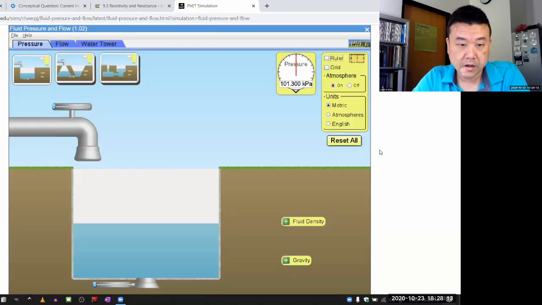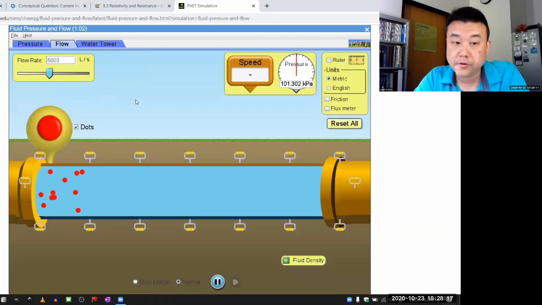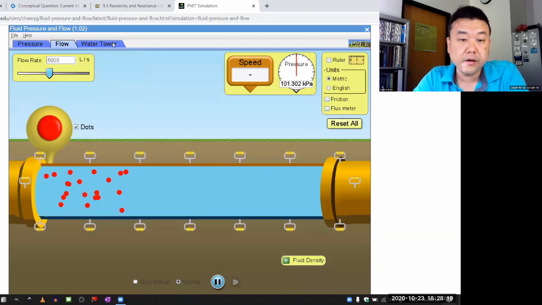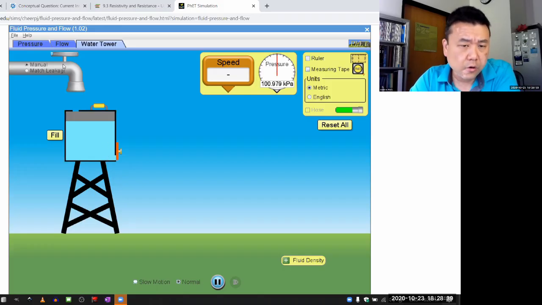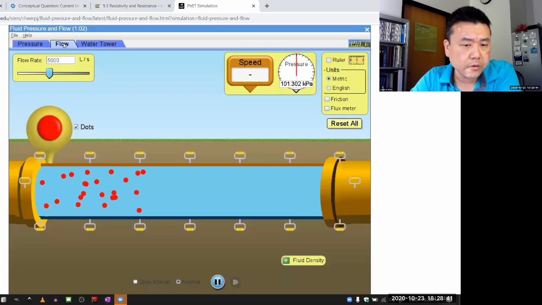I think it's this simulation that I had mostly in mind, although with the water tower there are lessons you can draw in terms of how pressure or the height difference matches the voltage. But it's the flow one that I want to talk about the most.